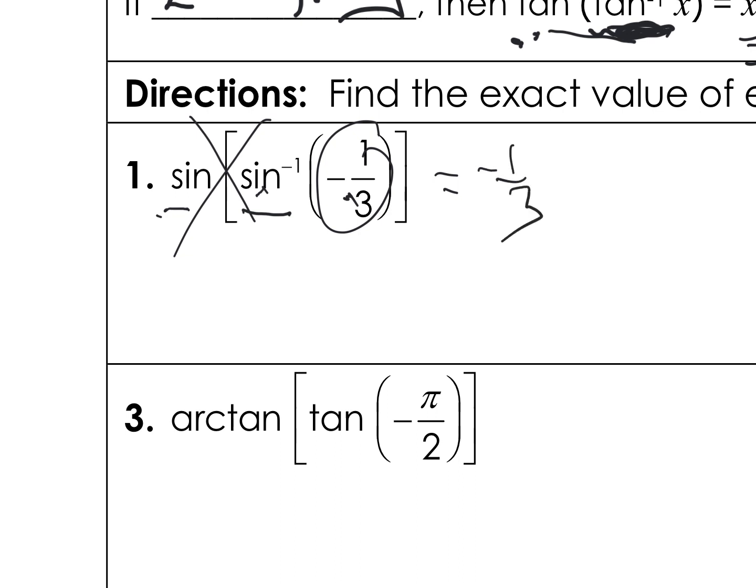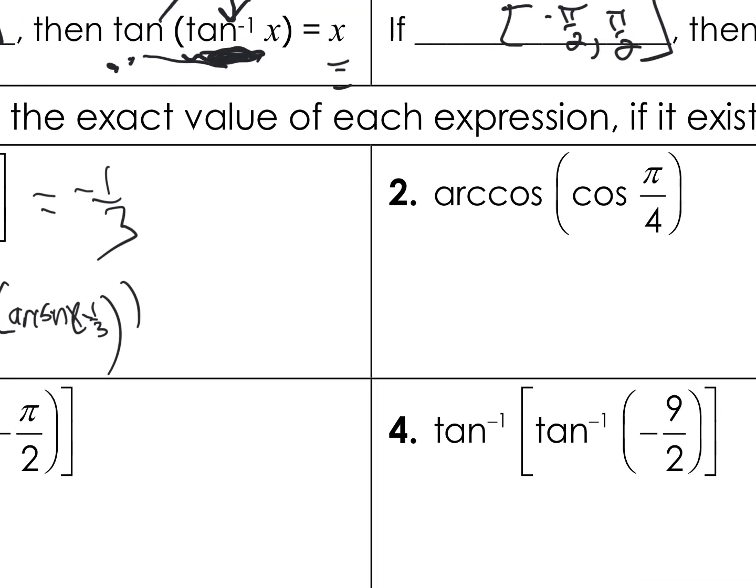Well, that was easy. You literally could key that into a calculator, sine of the inverse sine, arc sine of negative 1/3. But we're not using calculators. We're using common sense.